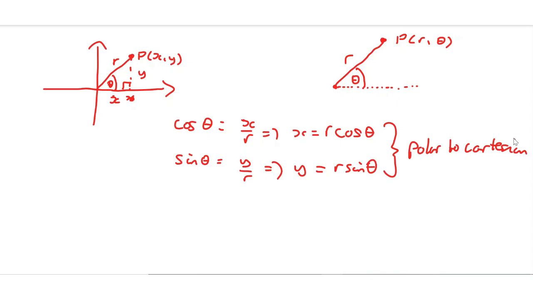So how do we go from the Cartesian coordinates into the polar coordinates? Well, if we look at Pythagoras' theorem, we can see that x squared plus y squared is equal to r squared, and that implies that r is equal to the square root of x squared plus y squared, and that's the positive square root, because if we're talking about a distance r, we're talking positive, and we always go r in the positive direction.